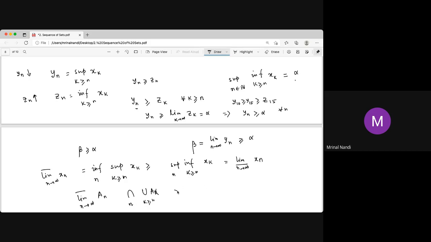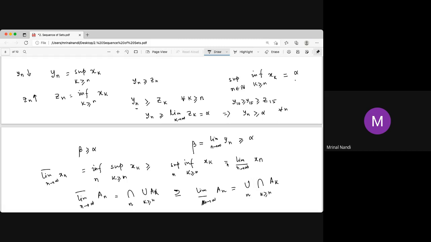And this, which is bigger, is a superset of the lim-inf, which is defined like that. So first take the infimum, that means first take the intersection, and then take the union. So it is a similar definition. You just replace infimum by intersection.